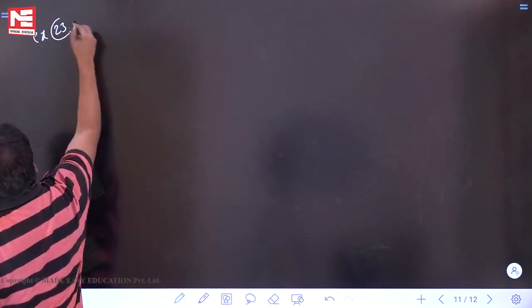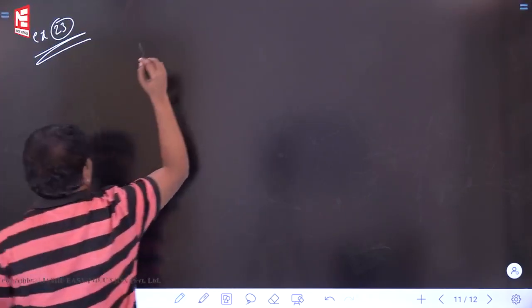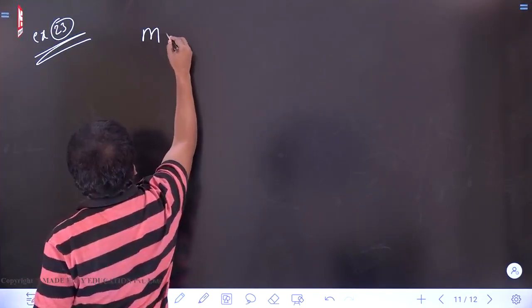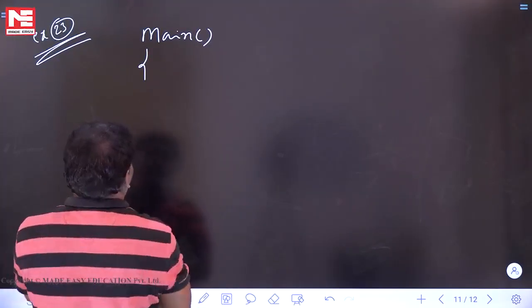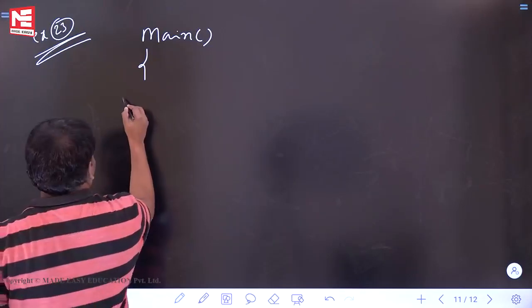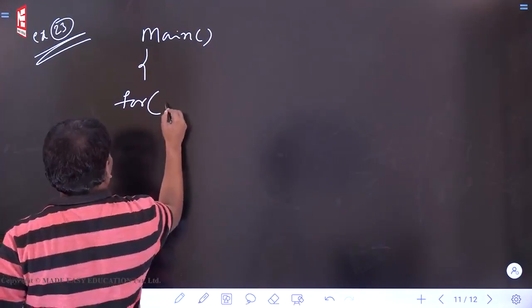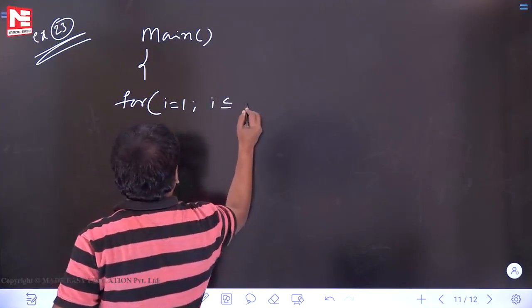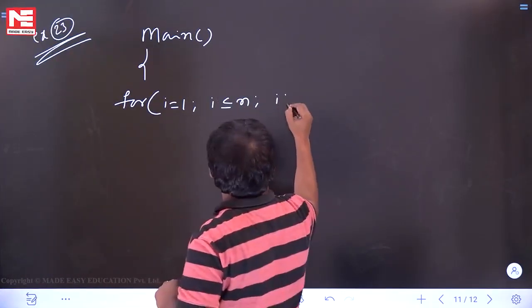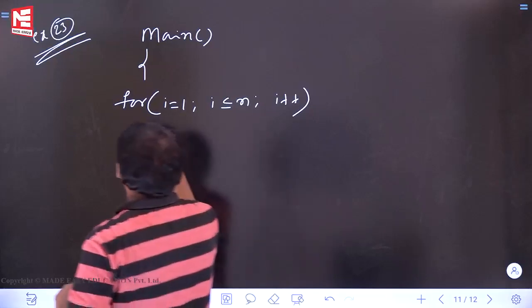Example 23. See this problem also. Main. It is also a nice problem. Please listen once. Main. For i is equal to 1, i less than or equal to n, i plus plus.